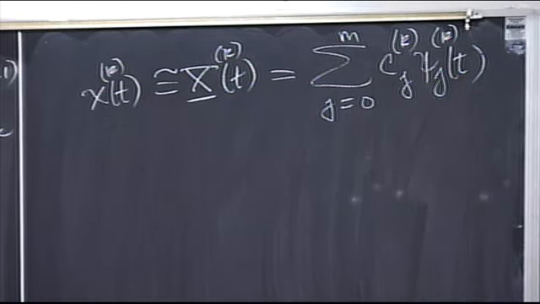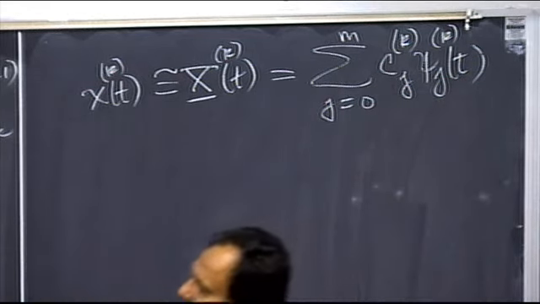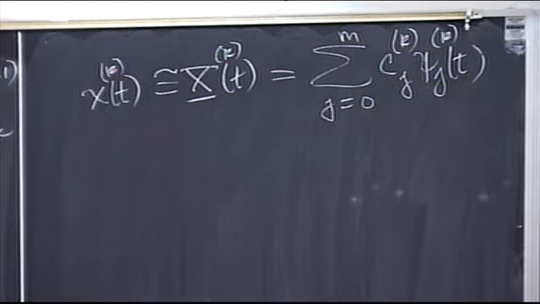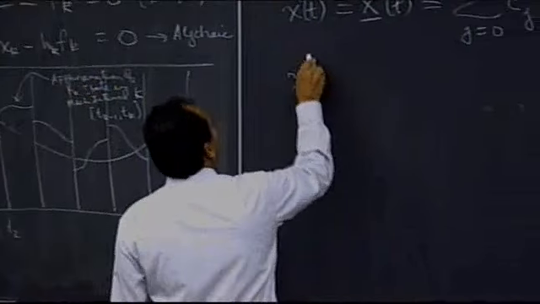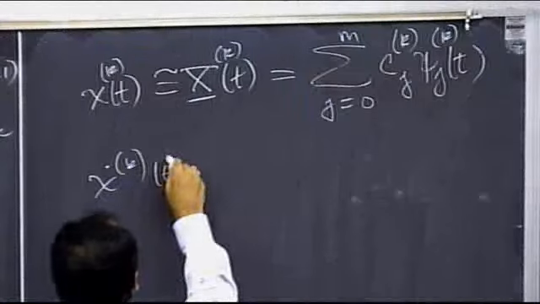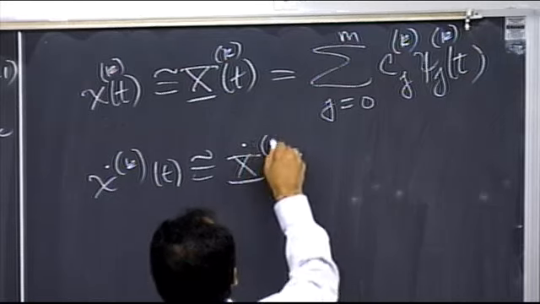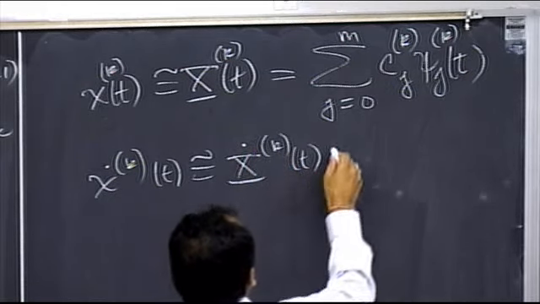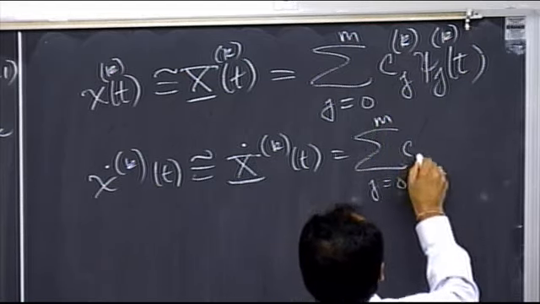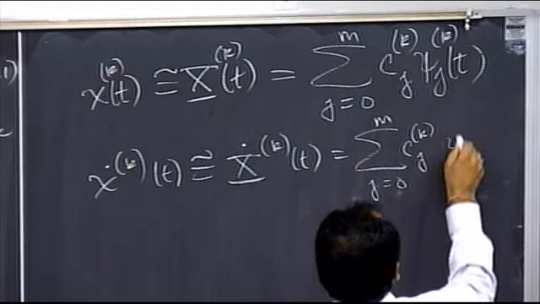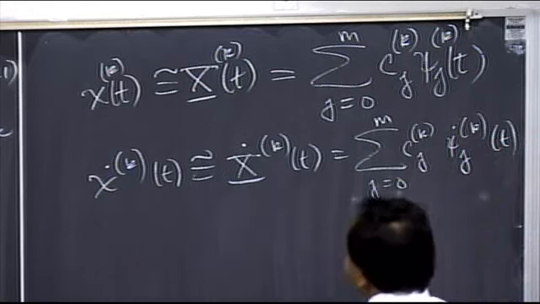So then you say, well, all right, I've got this. Now what can I do with it? Well, I can do what I did over there. I can differentiate it. So x dot k of t is going to be approximated by this function x dot k of t, which is the sum from j equals 0 up to m of c sub j k psi sub j dot k of t.